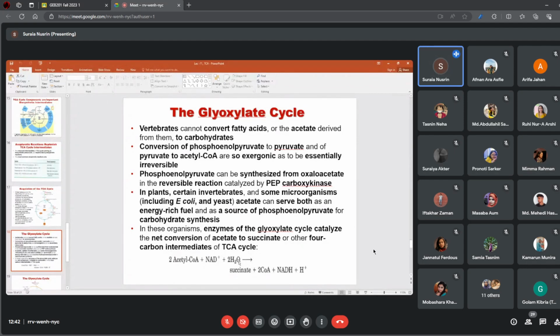For example, that cycle converts the acetate to succinate, which is a 4 carbon compound and, if you remember, one of the intermediates of the TCA cycle. So the main purpose of the glyoxylate cycle is to produce a 4 carbon compound, which is an intermediate of the TCA cycle.